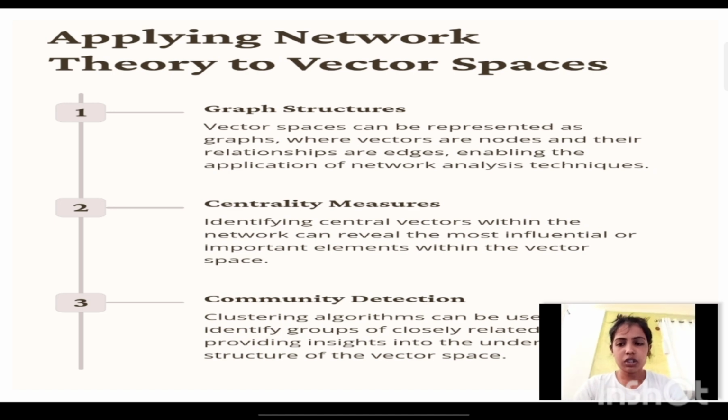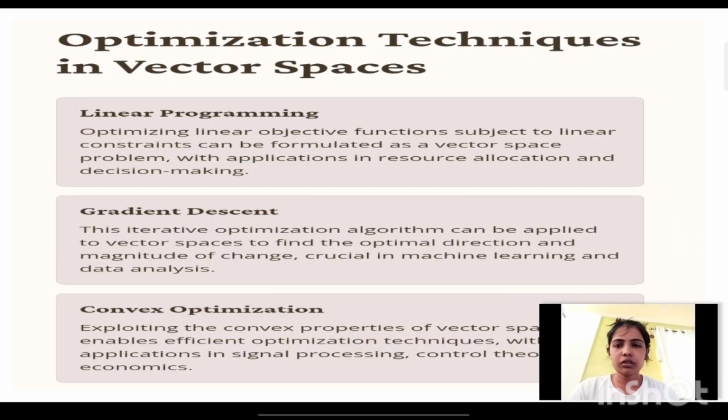The next topic is the optimization techniques in vector space. Linear programming: optimizing a linear objective can be formulated as a vector space problem, with applications in resource allocation and decision making. Gradient descent: optimization can be directed by the magnitude of change, used in machine learning and data analysis.